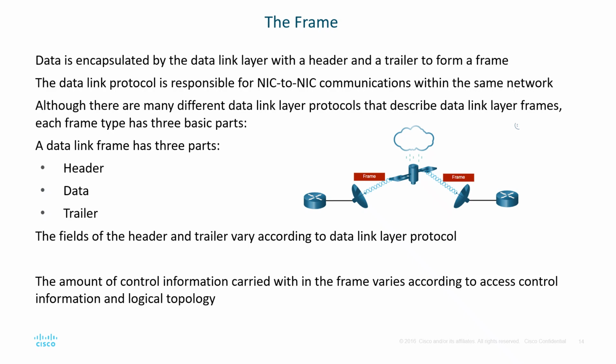So let's talk a little bit about your frame. Data is encapsulated by the data link layer with a header and a trailer, which is what again? What parameters are in your header and trailer in your data link layer? Source and destination what? MAC addresses. Data link layer, frame.